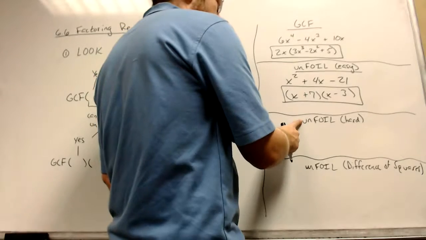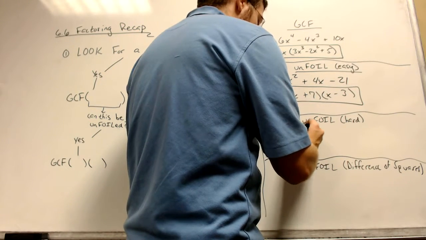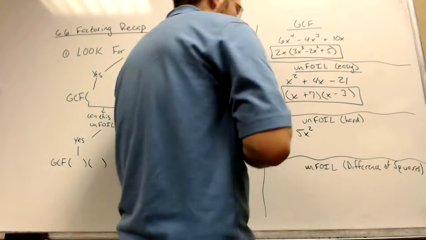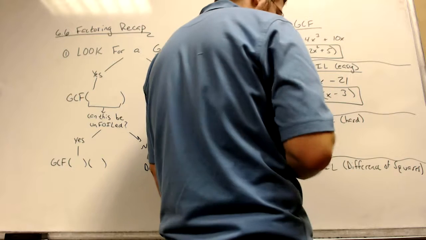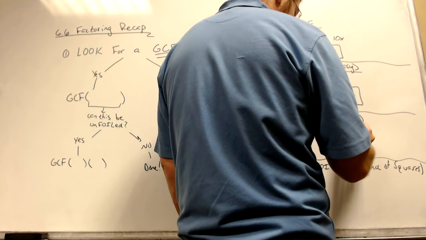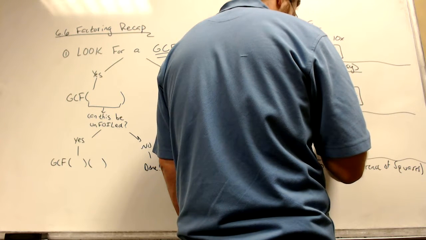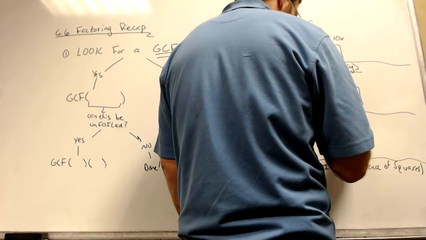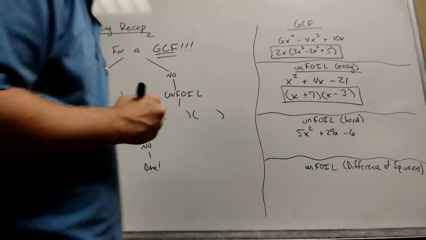Unfoiling that's a little bit more difficult would be unfoiling that has a coefficient that is not 1 out front. Like this.